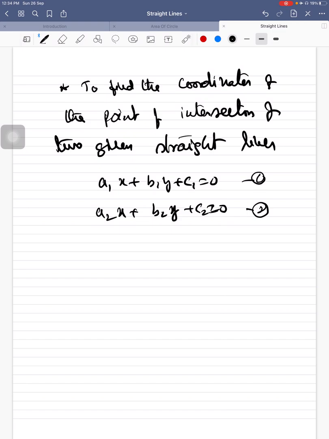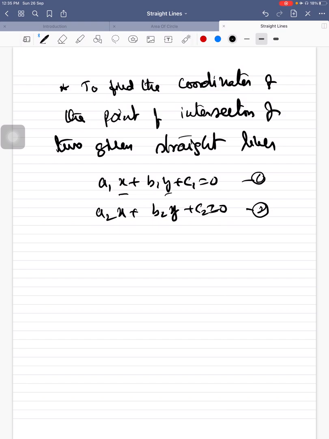However many variables there are, that many equations must be required. If there is one variable, only one equation is required to find the value of that variable. Here x and y are there, so there are two equations and two variables.